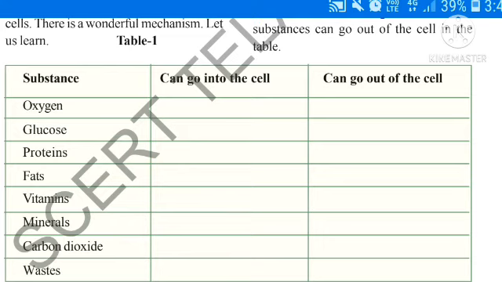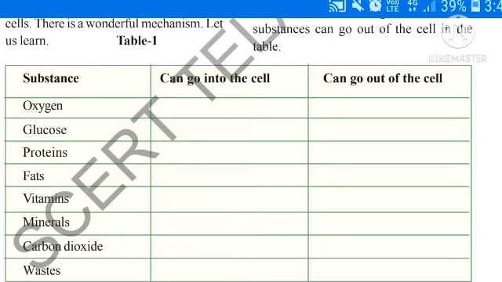Among all these substances, see, oxygen enters into the cell, we are taking oxygen. Glucose enters into the cell. Proteins, fats, vitamins, minerals, all these materials enter into the cell. Carbon dioxide and waste materials come out of the cell because we release carbon dioxide during the respiration process.